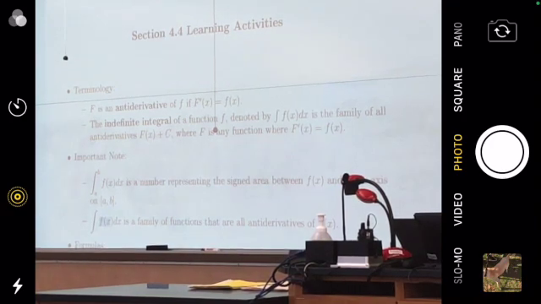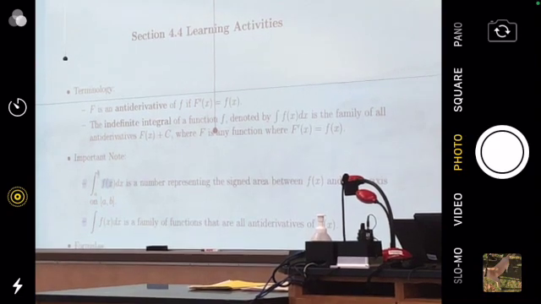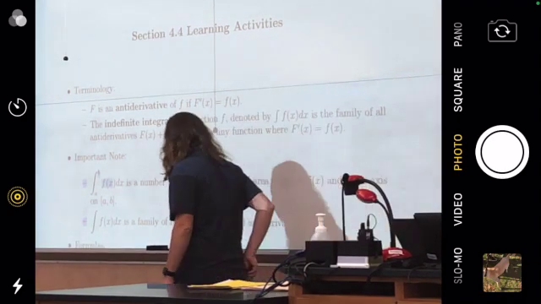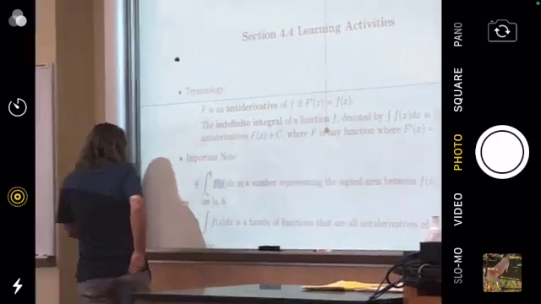We're trying to find area, right? This one represents area. It ends up there's a link between finding the area and finding an antiderivative. If you can find the antiderivative, you can actually find the area. There is a link between the two. Well, because you subtract the antiderivative.